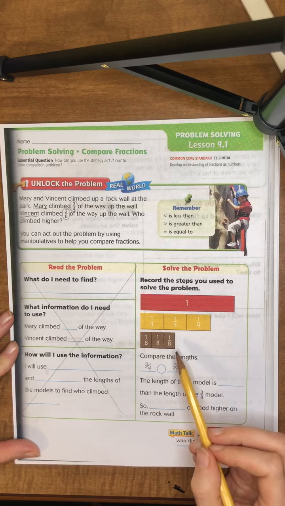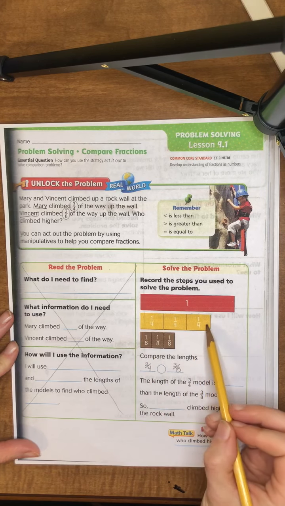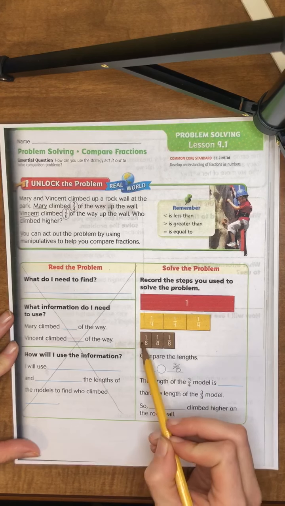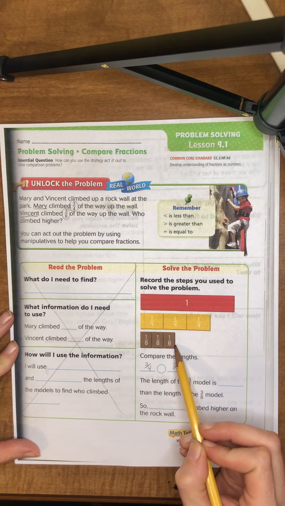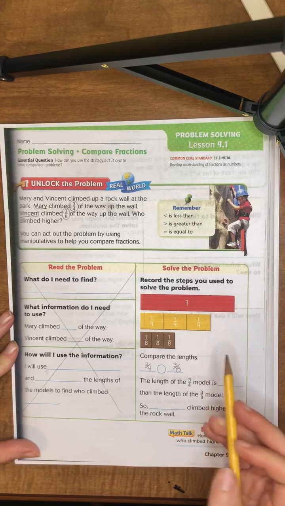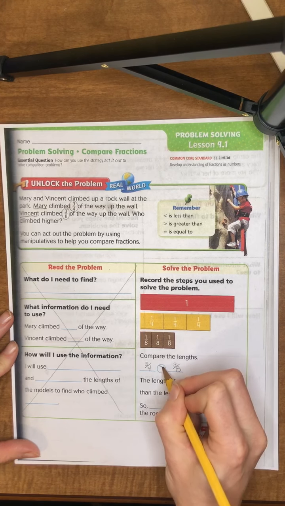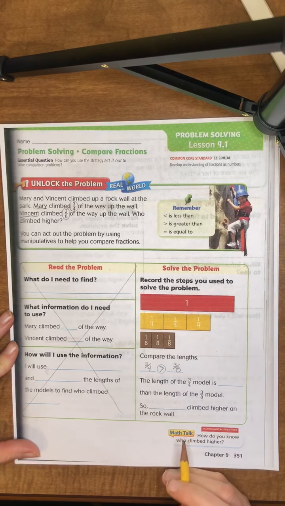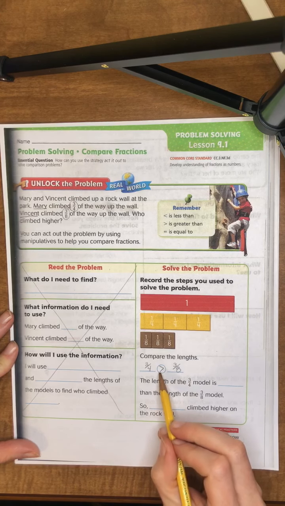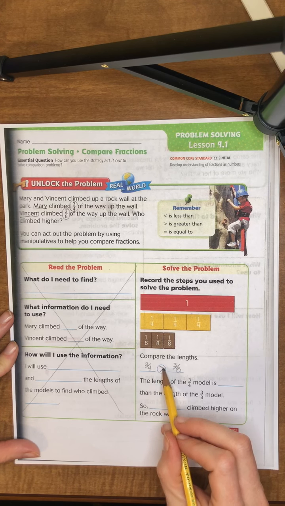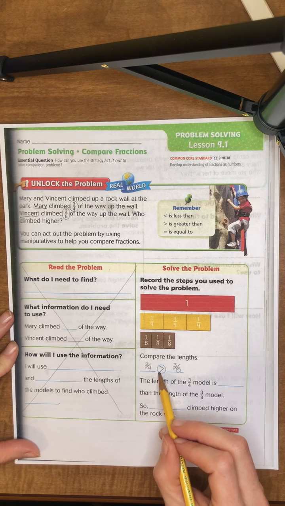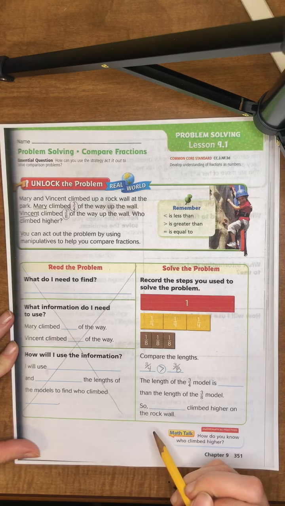Okay, so if we look up here, we have 3/4 and 3/8, and 3/4 is greater, so we're going to put that symbol in. Another way of looking at it is if you think of it like an alligator and it wants to eat the bigger fraction.